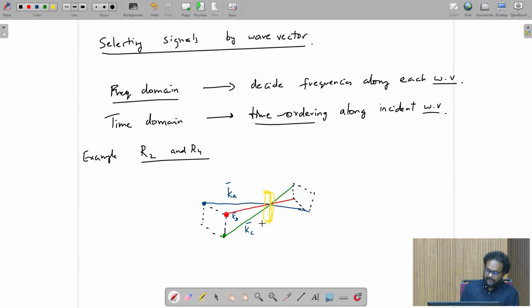Now let's say I look for the signal along the fourth vertex of this box at the opposite end. I'm looking in this direction. Let's say this is my K signal, and phase matching tells me this will be Ka minus Kb plus Kc.